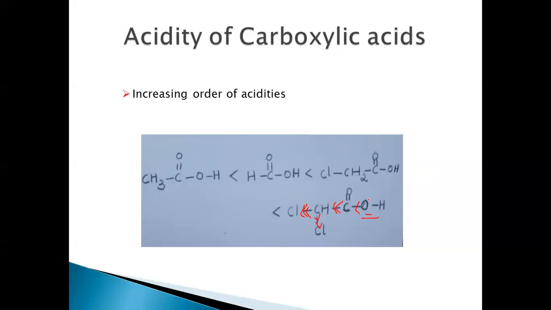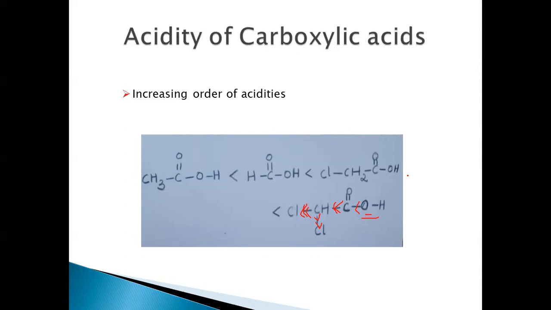So the bond dissociation is easy, and thus increases the acidity. If the bond dissociation of this OH is easy, that means it decreases the electron density at the OH oxygen atom, and thereby OH bond dissociation increases and thereby increases the acidity. So dichloroacetic acid is more acidic than formic acid.